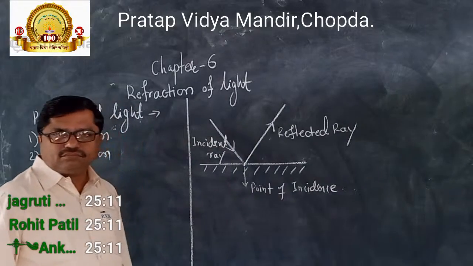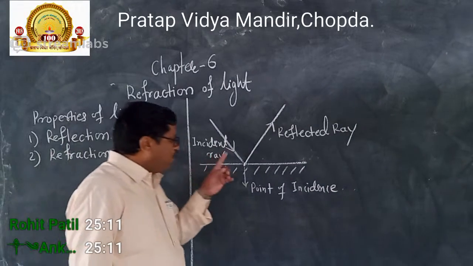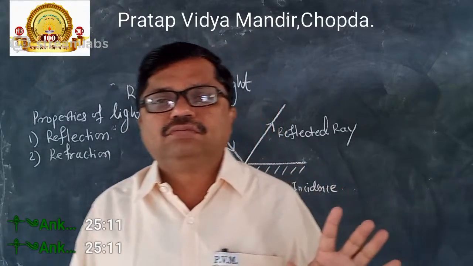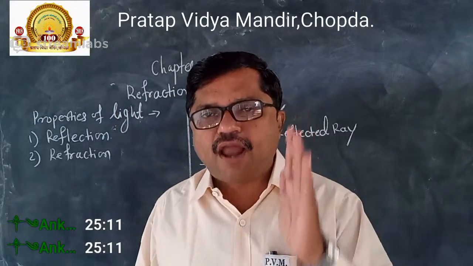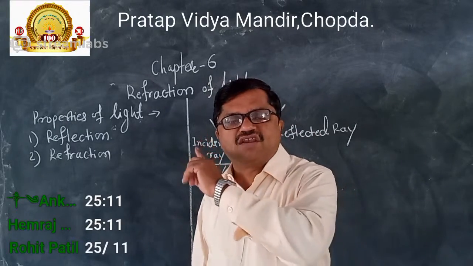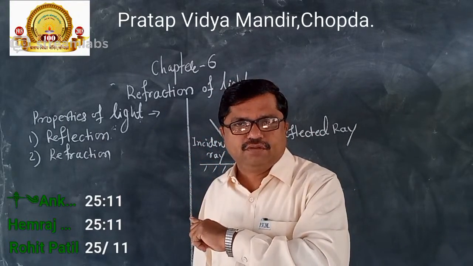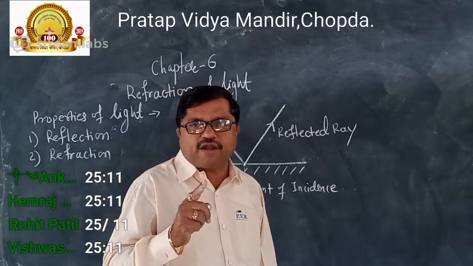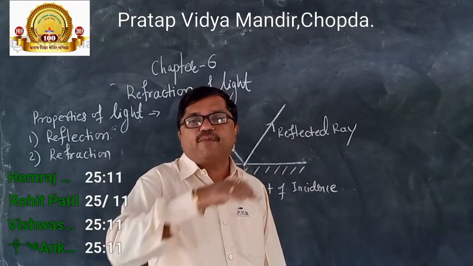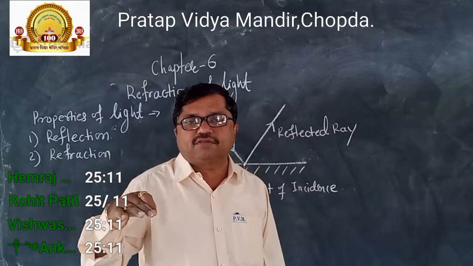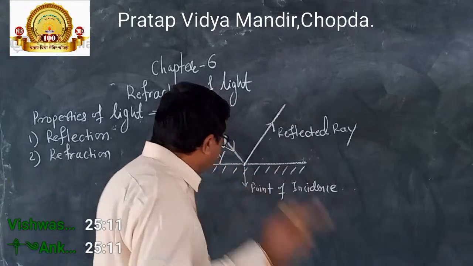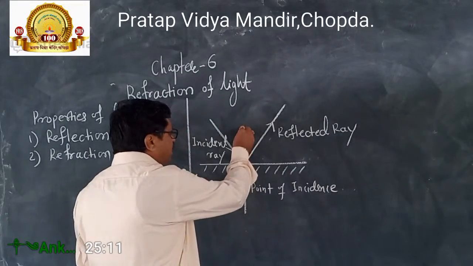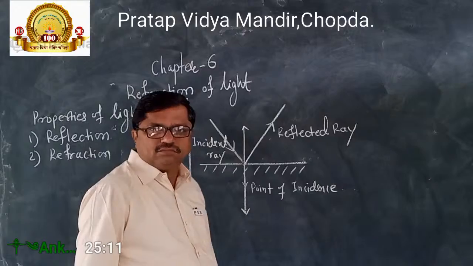At the point of incidence, if a normal is drawn, you know what is normal? Normal is a line which is perpendicular to the reflecting surface. In this figure, a line which is perpendicular at the point of incidence to the plane reflecting surface is called a normal. This line is a normal.